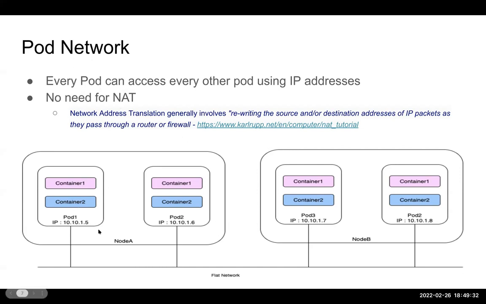Because they are part of the Kubernetes cluster, they can directly access each other using IP address. No need for NAT. What is NAT? NAT is network address translation. It generally involves rewriting the source or destination address of IP packets as they pass through a router or firewall. You can read more details about this here. But in this case, there is no need for that. Direct IP invocation would work.